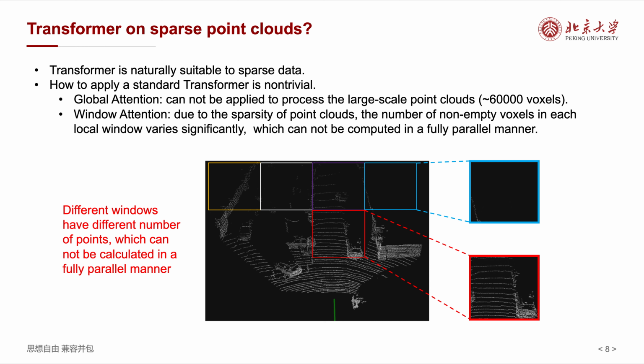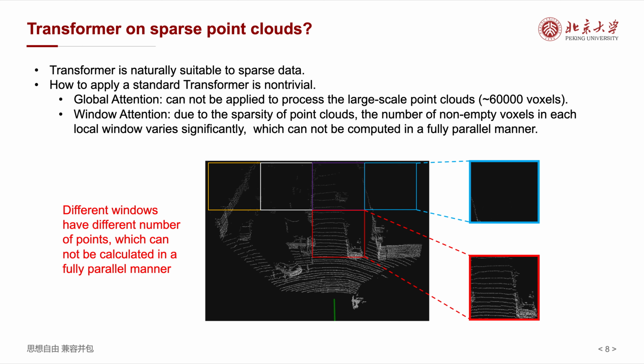There is another solution: transformers on sparse point clouds. Given the permutation invariance, transformers are naturally suitable for sparse data, but how to apply a standard transformer on point clouds is non-trivial. Global attention cannot be applied to process large-scale point clouds, as the Waymo dataset usually has 60,000 voxels after being voxelized.